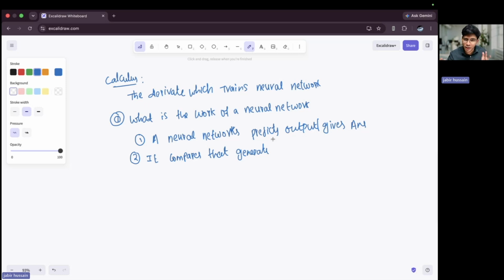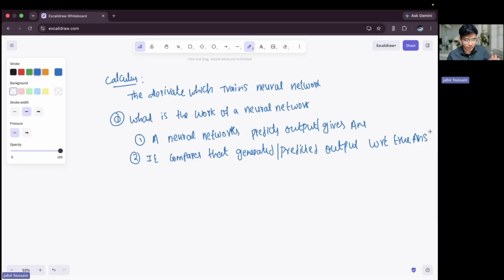Along with giving output, what a neural network does is compare that predicted output with respect to the true answer. We will talk about what this true answer is and where it comes from.